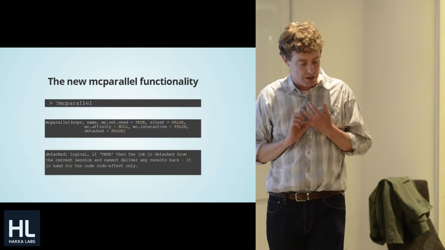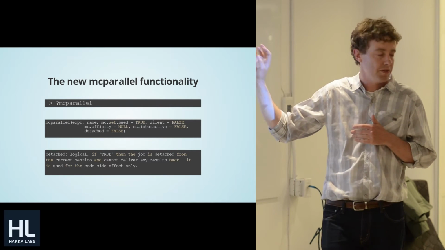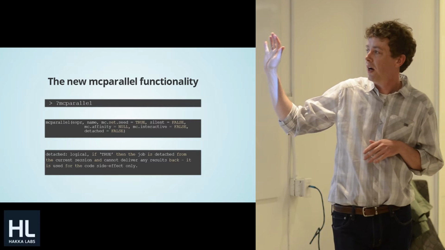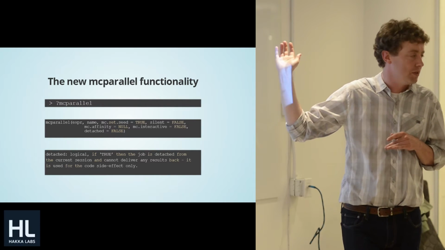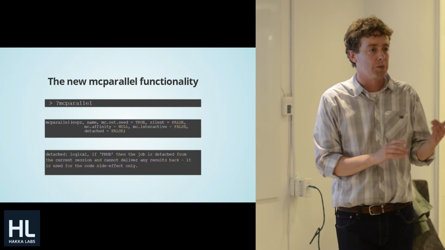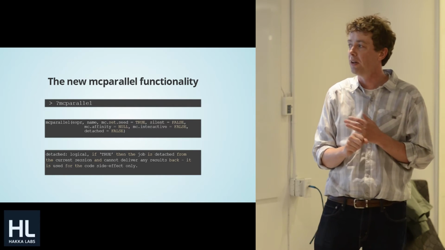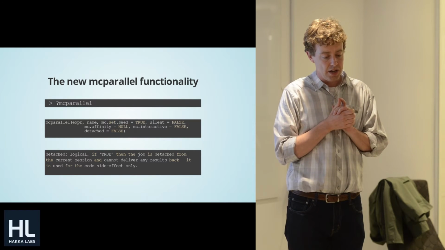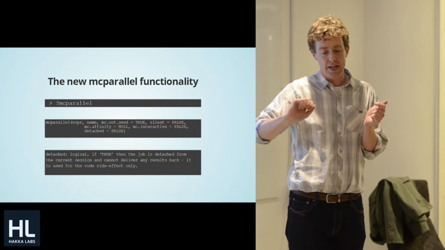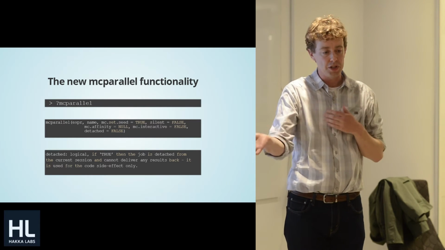The first bit of functionality that Simon added was an enhancement to the mcparallel function. For people that aren't R programmers, in R there's a function called mcparallel that essentially does a fork of the process. It executes an expression, and then you can read the result back.